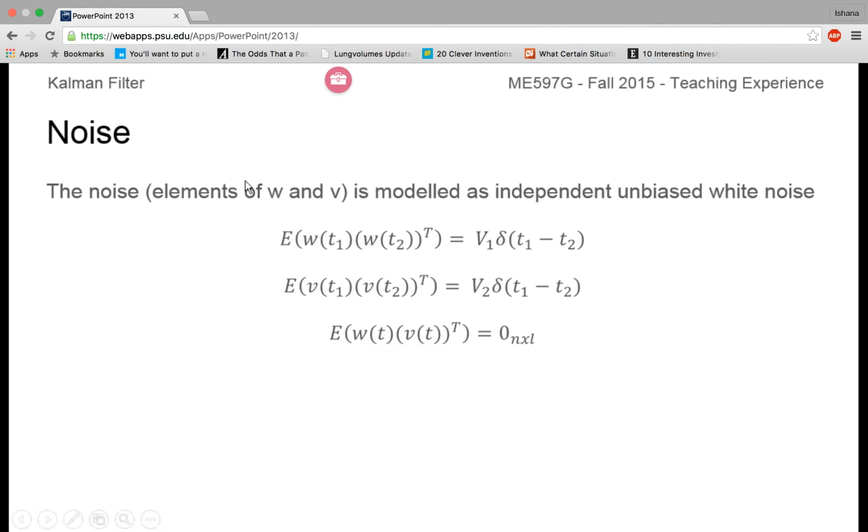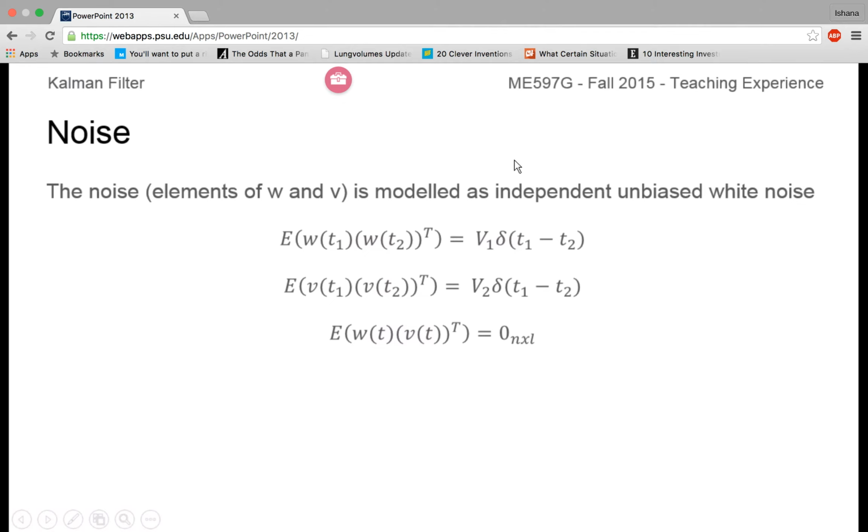Okay, so let us talk about how the noise is modeled, which is essentially how each element of the vector W and V is modeled. So we say each noise variable is an independent, unbiased, white noise variable. It follows this model.